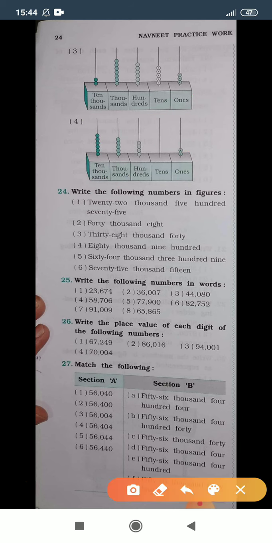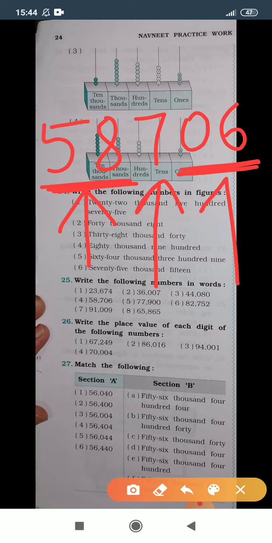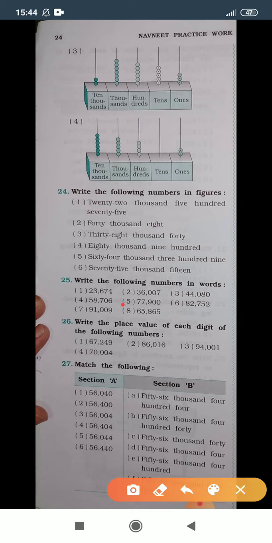Number 4, 58,706. So as per the place value, 58,706 is your answer. Remaining 4 questions you need to do in your homework.